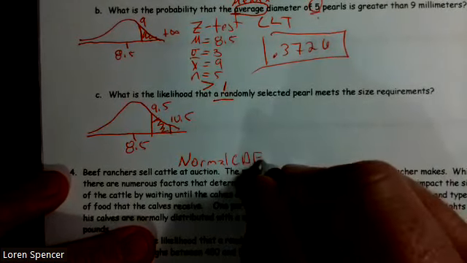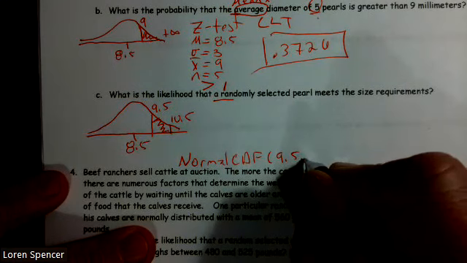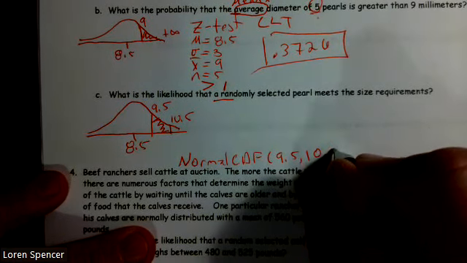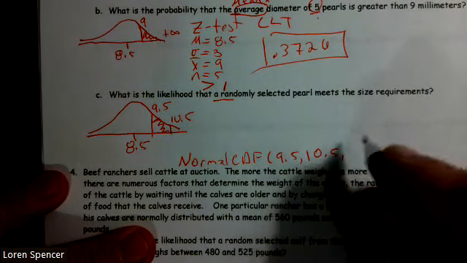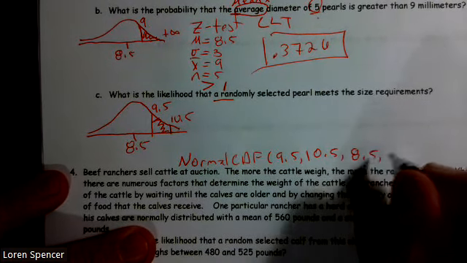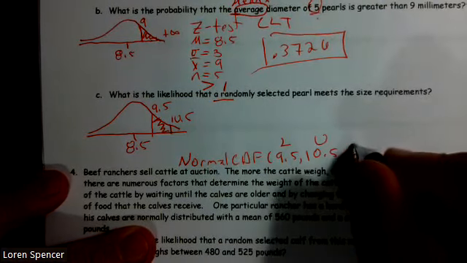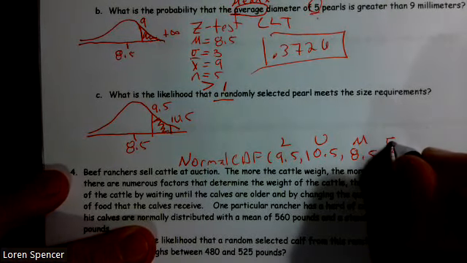Normal CDF, lower bound 9.5, upper bound 10.5, mean 8.5, standard deviation 3.